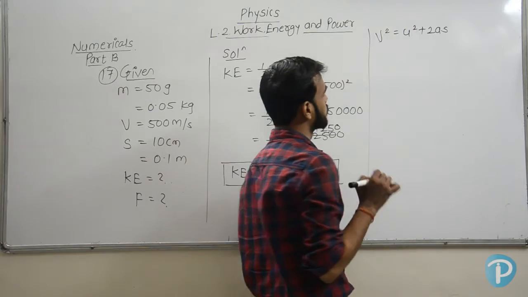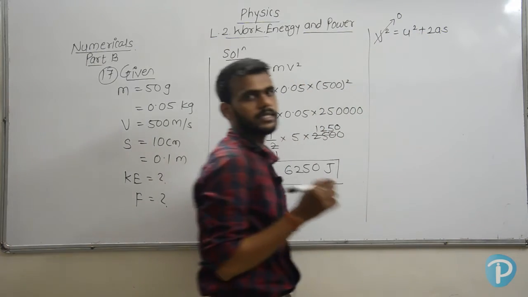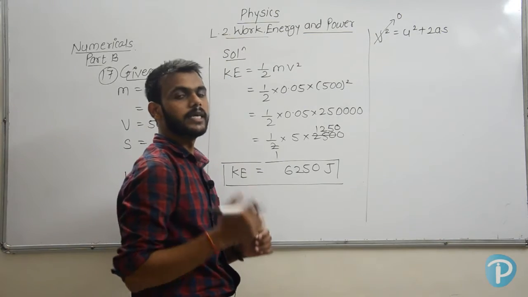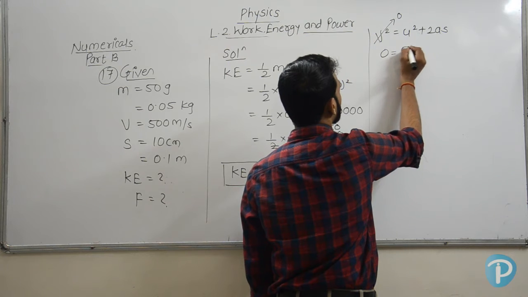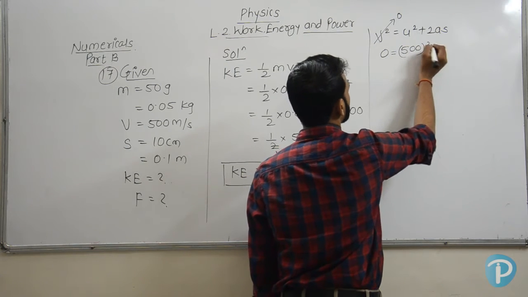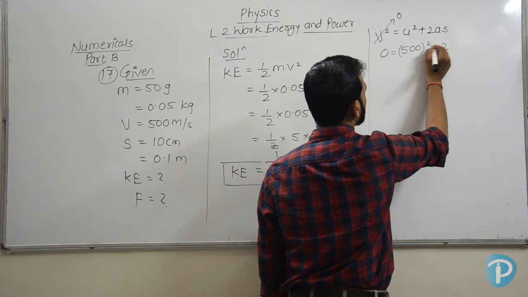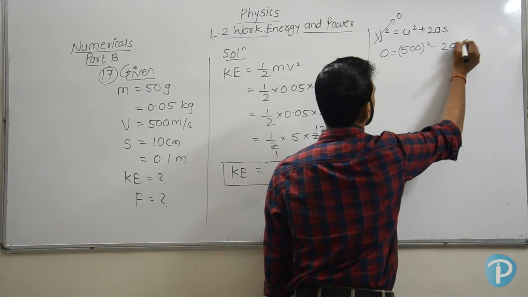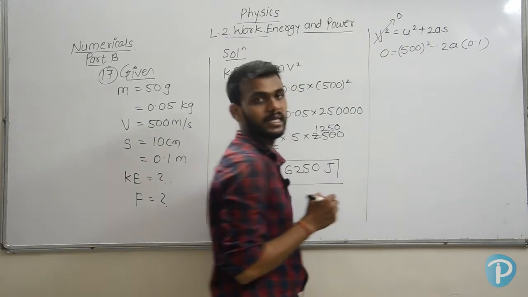Here final velocity will be 0 as it is stopped after hitting the target. Initial velocity we have as 500 square plus 2, here it will be retardation, so it will be minus 2a, and s is 0.1, like this.